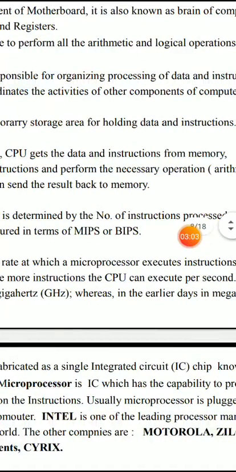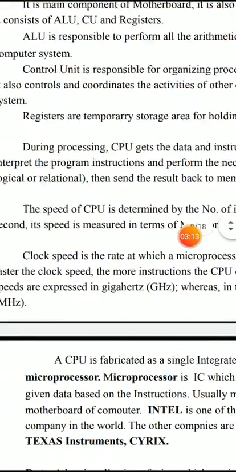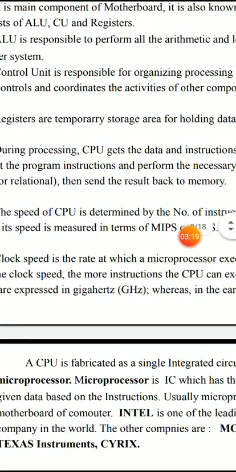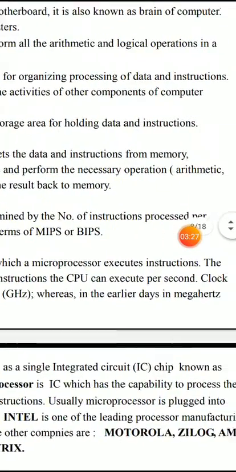It means if the clock speed is high, a greater number of instructions can be executed by the processor per unit time. Usually the speed of a CPU is measured in terms of hertz. Nowadays, present day CPU speed is measured in terms of gigahertz.